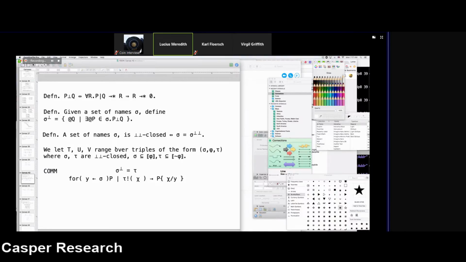And what you want is that sigma is a subset of the meaning of phi. So you can think of phi as an extra filter. So you get to pick double perp closed subsets that are somehow complements of each other with respect to phi. So that's the notion of type here.